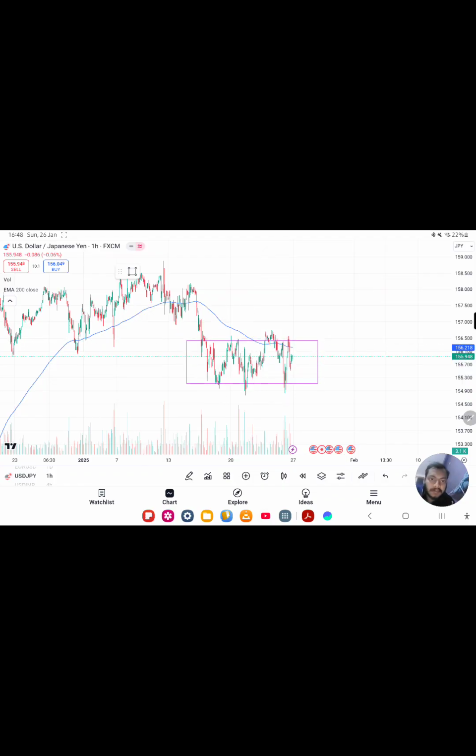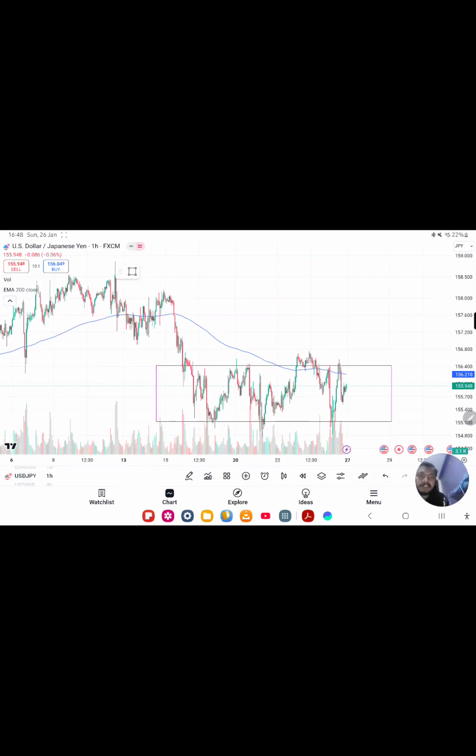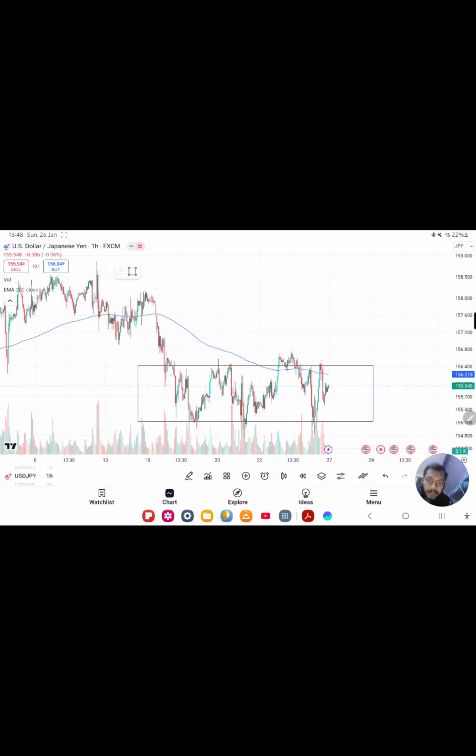See, this is the value area, and if we zoom in a bit, we can see that price went up, came down, went up again, came to midway, then up, then down, and this way it traded for 11 to 12 days in that area. So this is a fair value area.